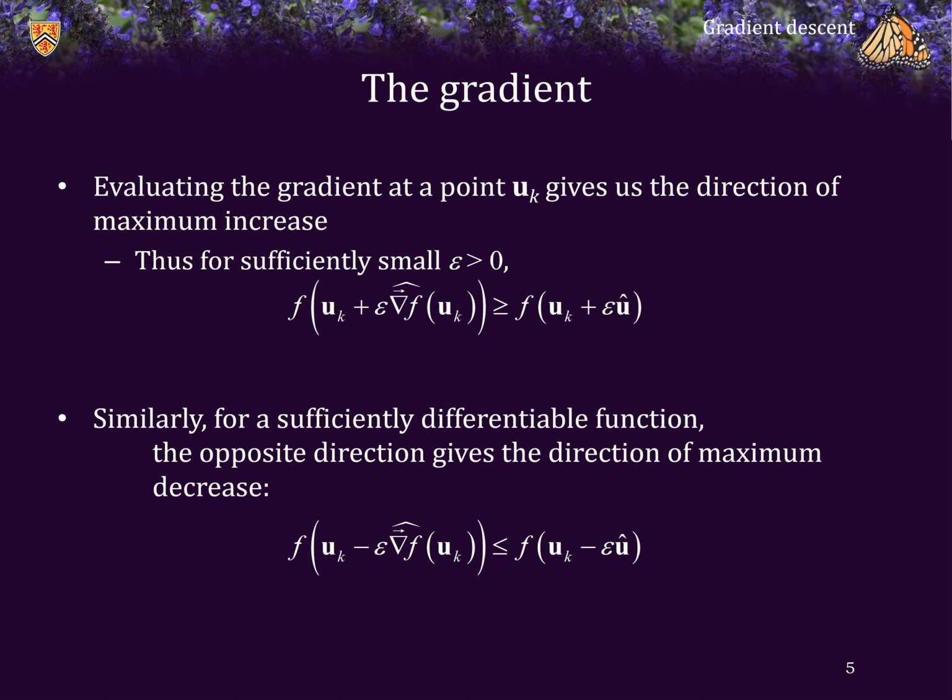So if we are at a point u sub k and we take a small step in any direction, then the step in the direction of the negated gradient will result in a value of f that is smaller than taking an equally sized step in any other direction, recalling that u hat could be any unit vector.